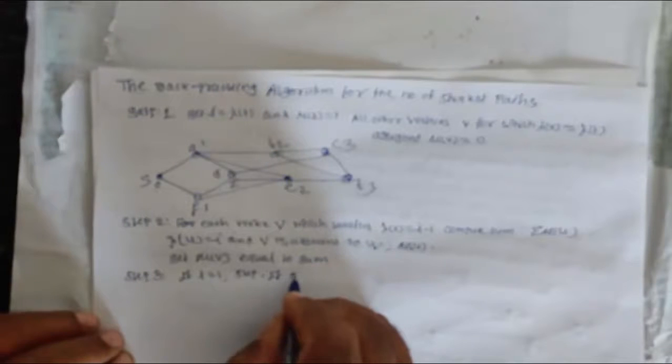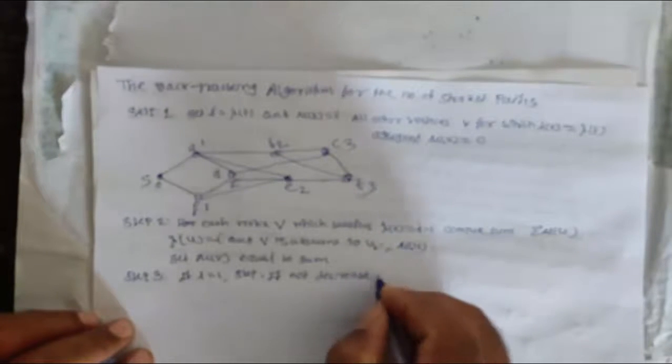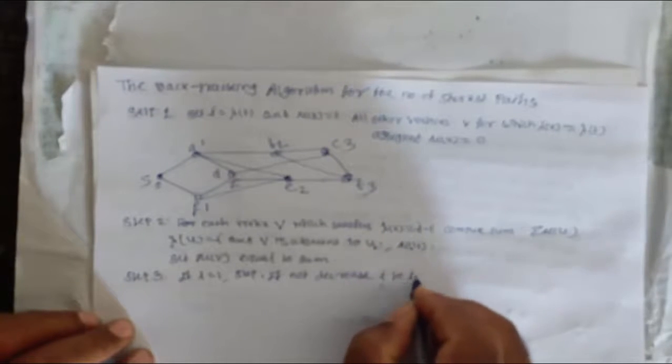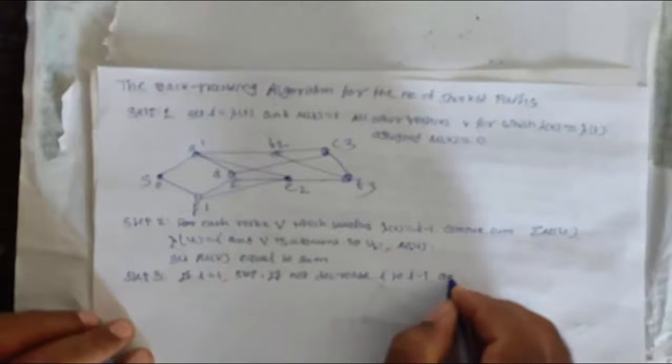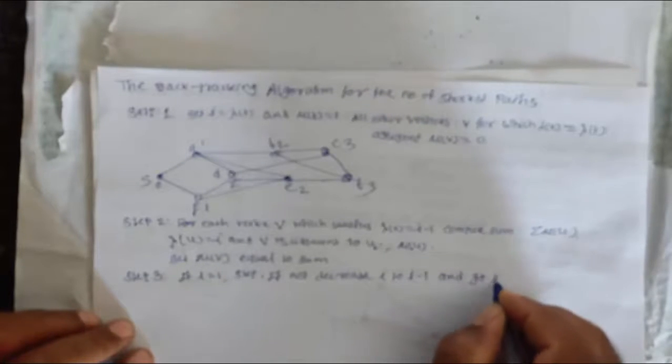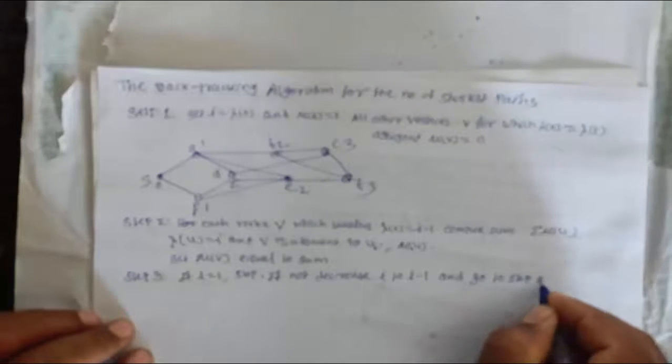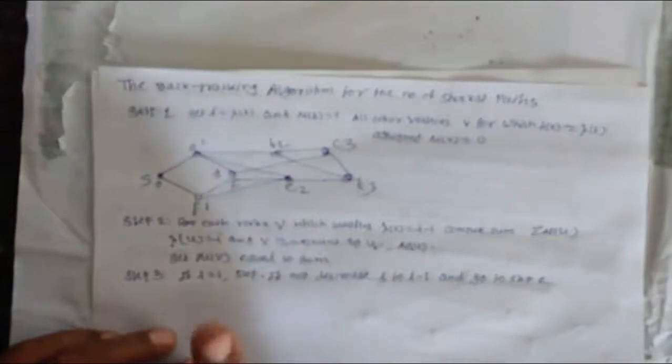If not, decrease I to I minus 1 and go to step 2. By using backtracking, in the above algorithm we see only one path by the backtracking method.